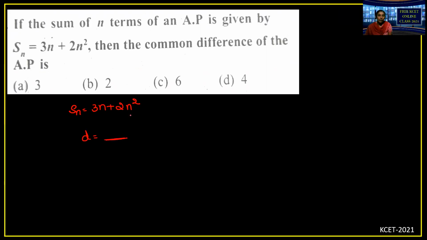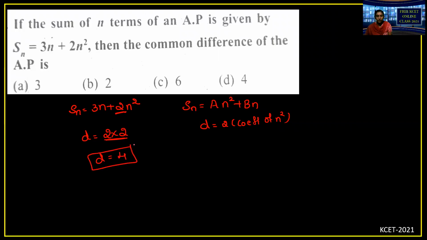So we know the shortcut: if Sn is of the form an square plus bn, then the common difference is twice the coefficient of n square. Here the coefficient of n square is 2, so the common difference is 2 into 2. Therefore, D is equal to 4.